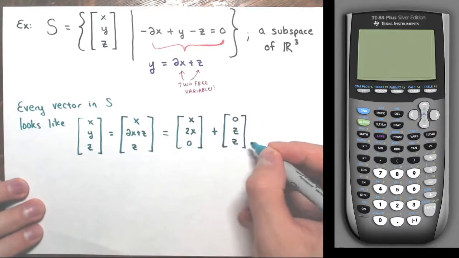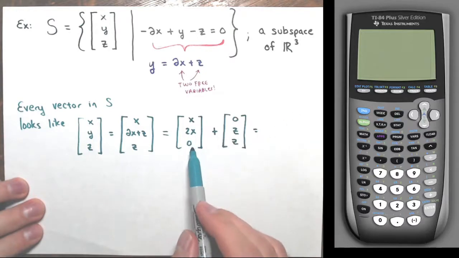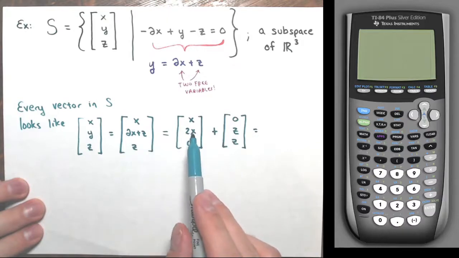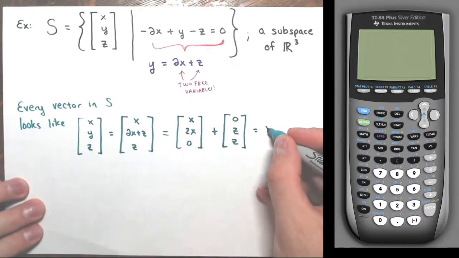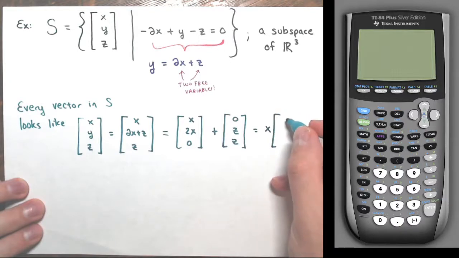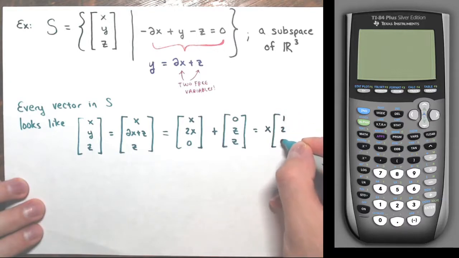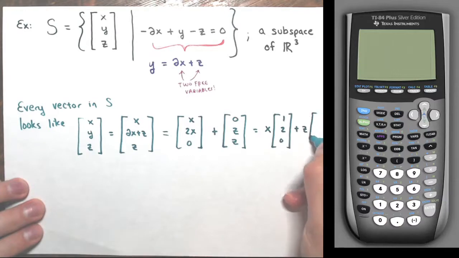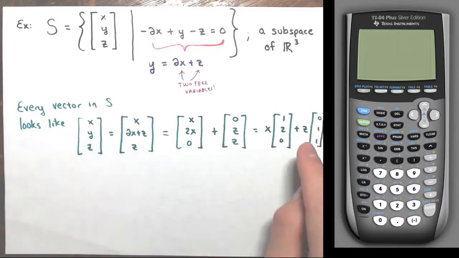And do you see how the sum of these would indeed be this? The first vector, I can factor out that scalar of x. I have x times 1, 2, 0, plus, and then the second vector, I can factor out the scalar of z times 0, 1, 1. And so look, this is a scalar times this vector plus a scalar times this vector. This is a linear combination of these two vectors.